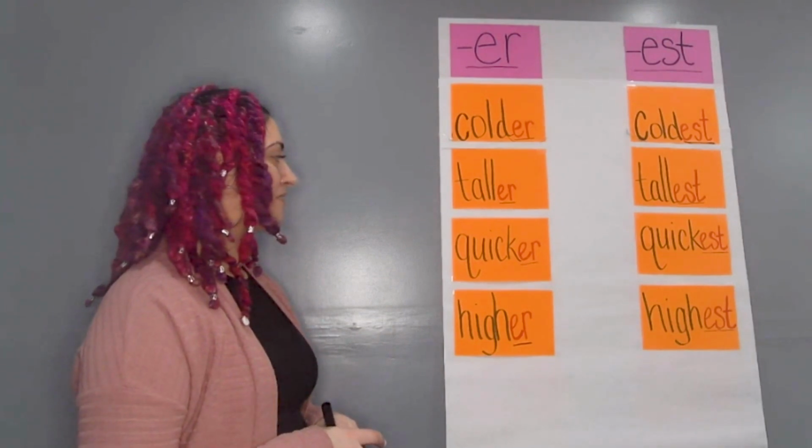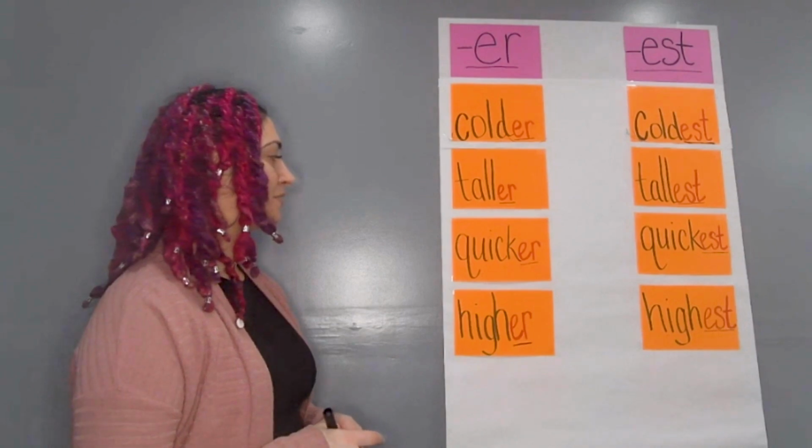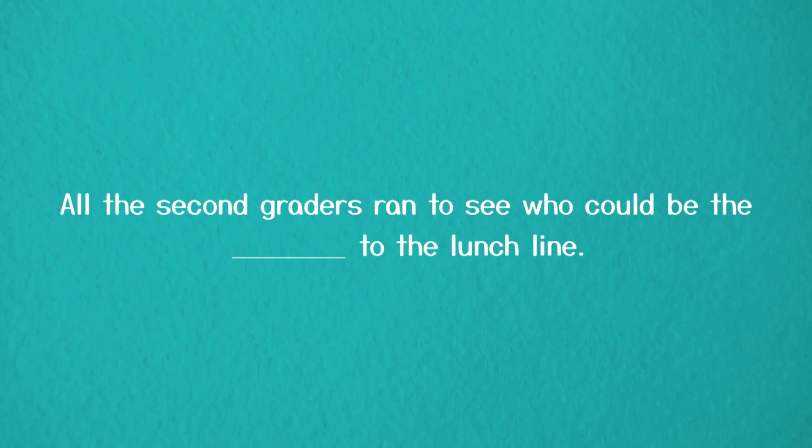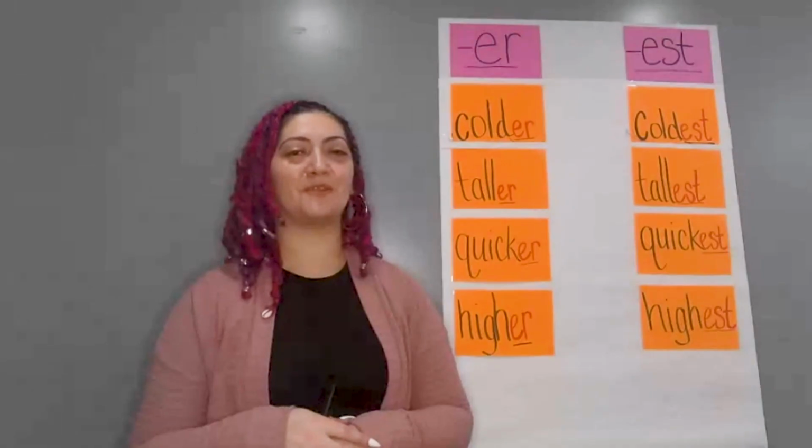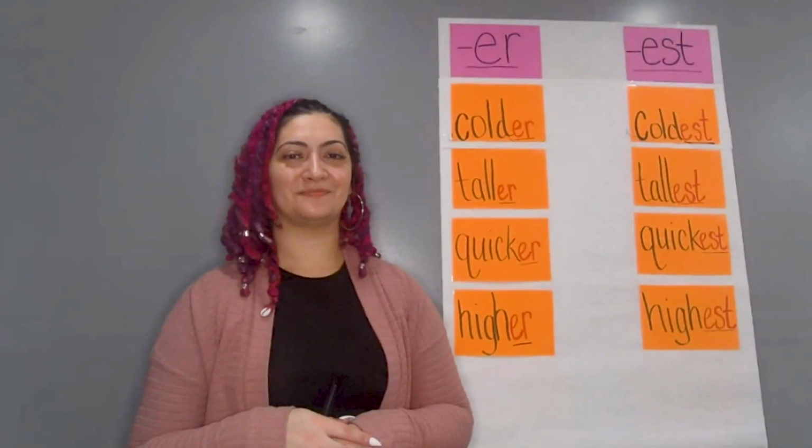Do you think all the second graders were running to see who could be the quicker to the lunch line? Or who could be the quickest to the lunch line? I think you're right. Quickest for sure. Because I'm sure there's more than two scholars in your second grade class, right? So you're comparing more than two things. Nice work, scholars.